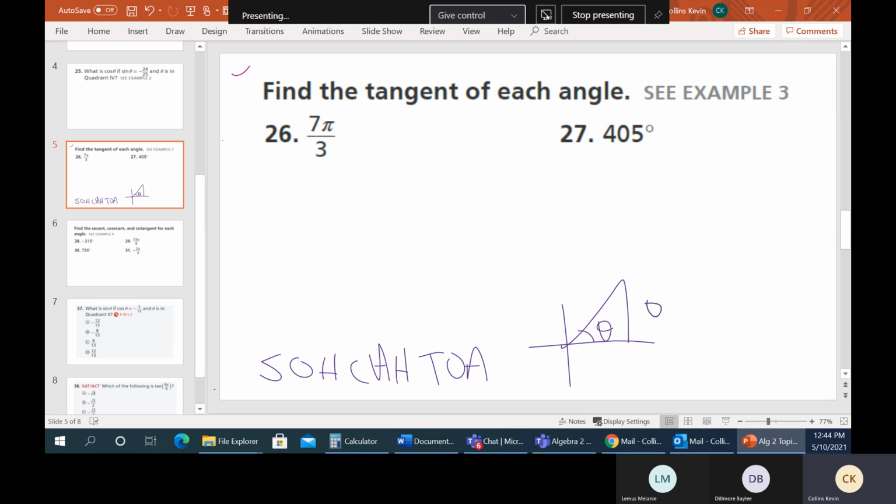This is the opposite side. This is the adjacent side. And this is the hypotenuse. Okay. So notice here that we know the sine is the opposite over the hypotenuse, the cosine is the adjacent over the hypotenuse, and the tangent is the opposite over the adjacent.